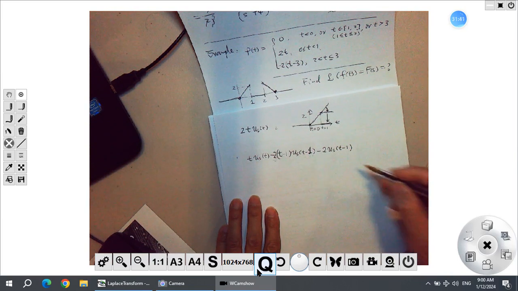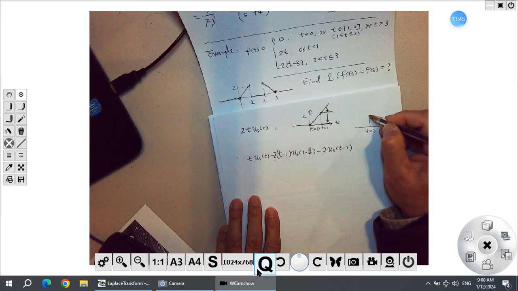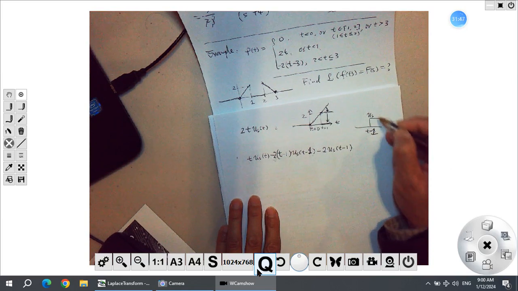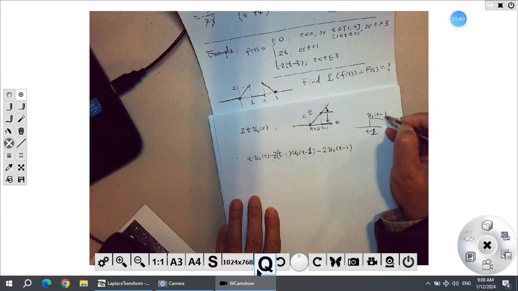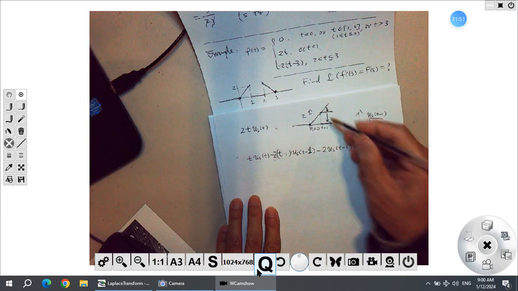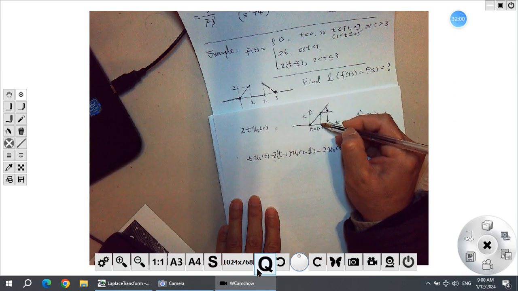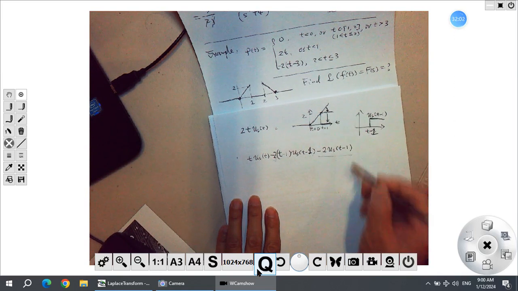Okay, because this is at t equal to 2. This is at t equal to 1. This is u(t minus 1). We need to subtract this, right? This is the negative side. This is a positive step. You need a negative step going down. So we get this one.